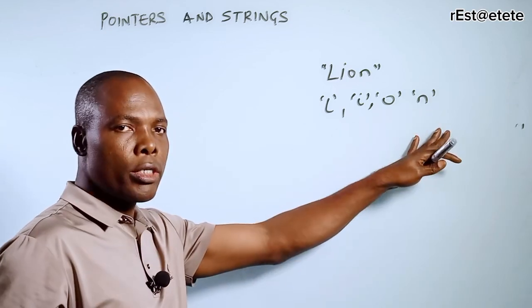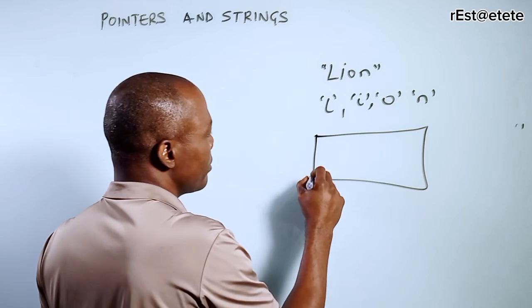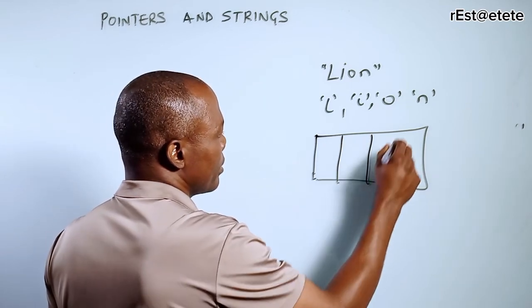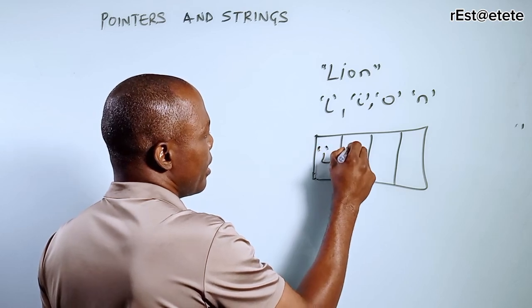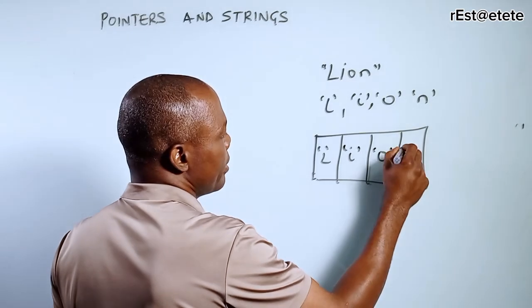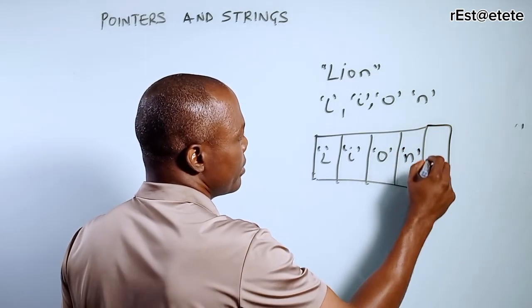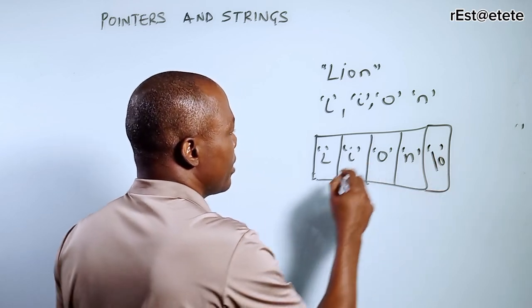Now, how are these stored in memory? So you have something like this. You have L, I, O, N, and then you have this, right?